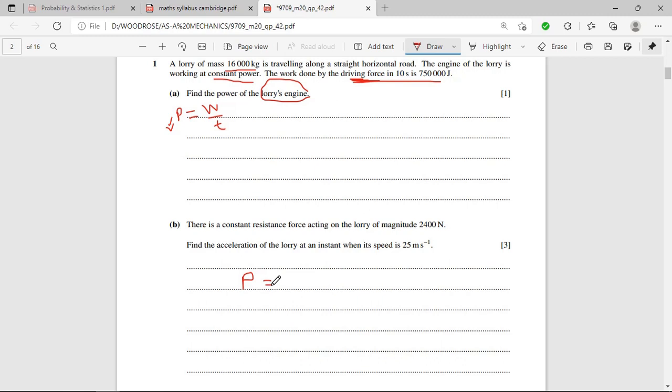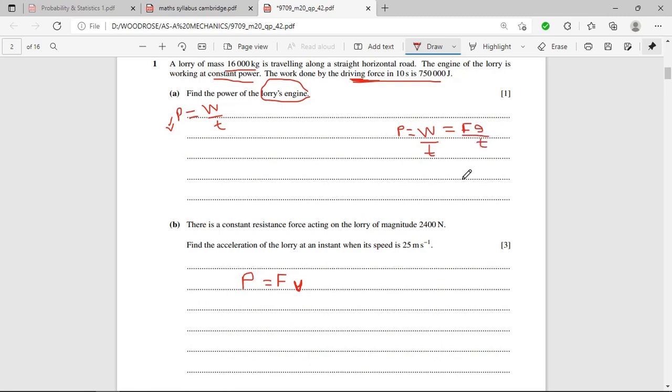There is a formula which states that power is equal to force times velocity. If you want to derive this formula, you can derive it from here. We have said power is work done over time. And what is work done? Work done is force times displacement s, then over t.